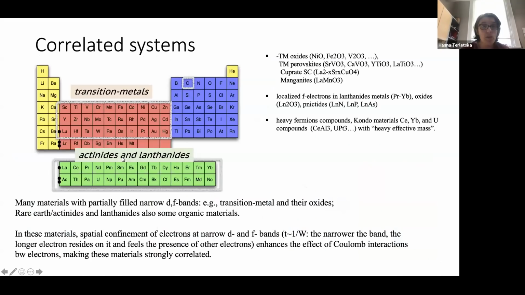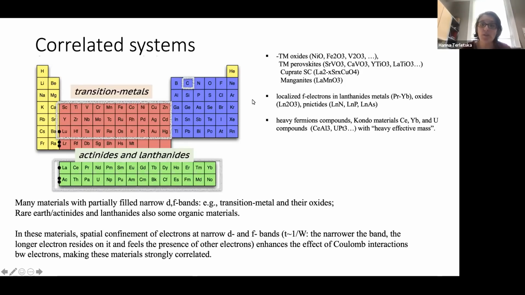Okay, so correlated electron systems actually represent a big chunk of materials in the periodic table. These are usually materials with open d and f bands, with partially filled narrow d and f bands. This includes transition metal oxides. And here I put some examples, like the canonical example, I think, which goes back to the 30s or 40s, the metal insulator transition in nickel oxides, iron oxides, V2O3 systems, transition metal peroxides, cuprates, superconductors, manganites.